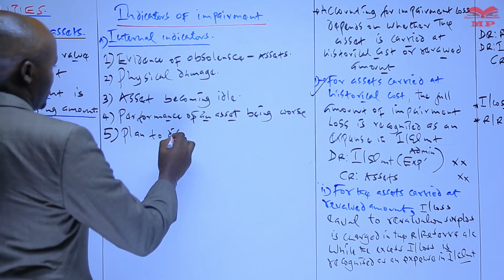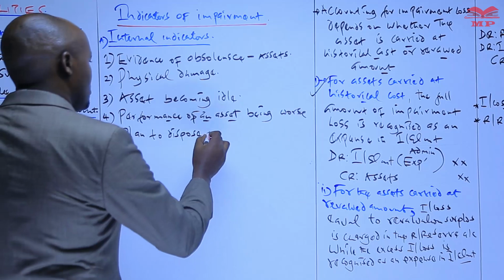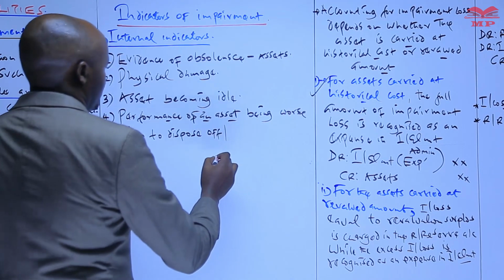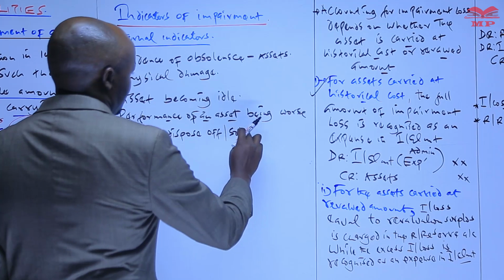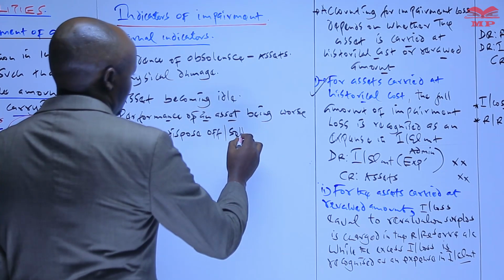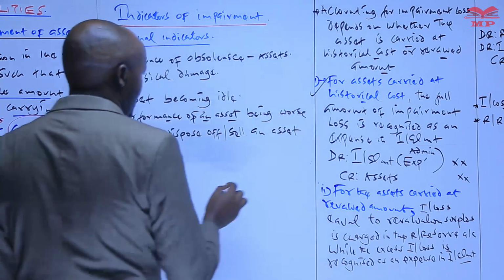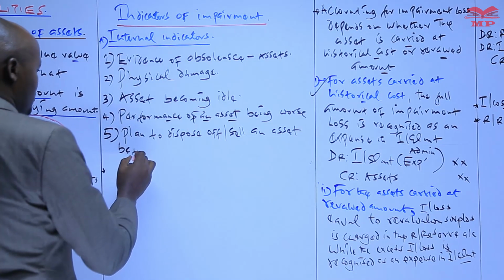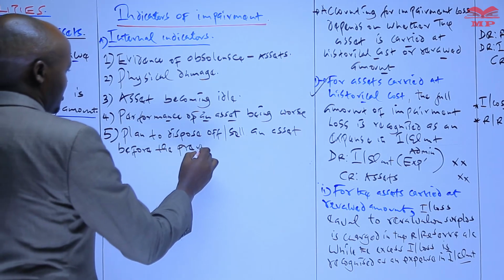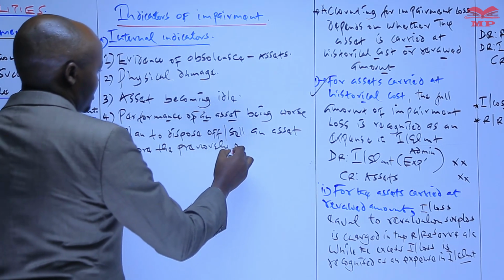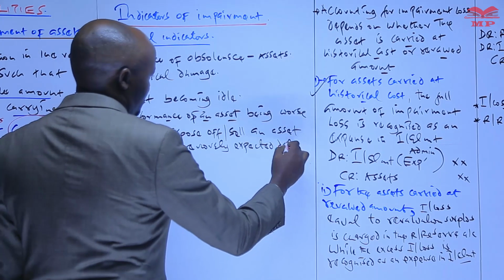The other one is a plan to dispose of an asset. To dispose is basically to sell an asset. A plan to dispose of or sell an asset before the previously expected date.